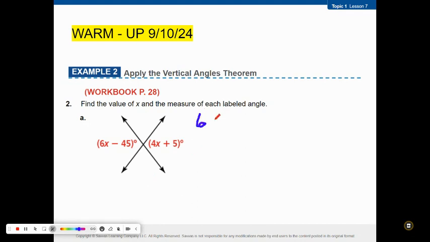So we're going to have 6x minus 45 equals 4x plus 5. Someone tell me, what is x?